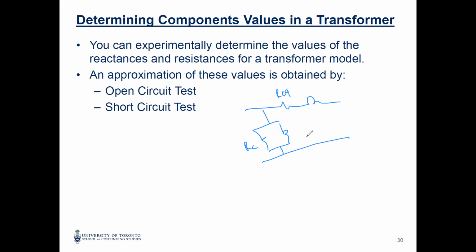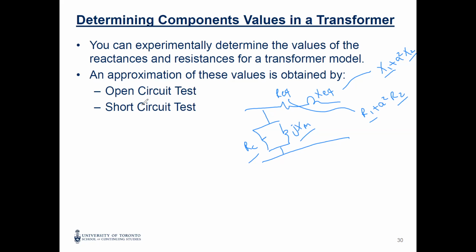So you have 2 resistances, RC and R equivalent, JXM and X equivalent. Here I referred from the secondary to the primary. So this is referred to the primary. If you open this resistance, it's R1 plus A squared R2. This one is X1 plus A squared X2. 2 means secondary. 1 means primary. RC and XM, usually we put them in the primary, but definitely you can refer them to anywhere, right? Using A squared or dividing by A squared.